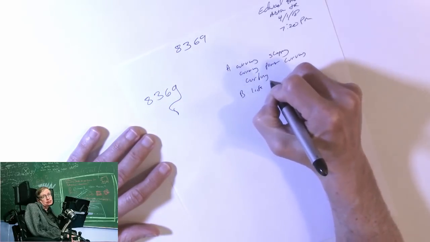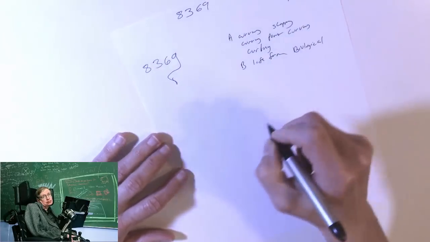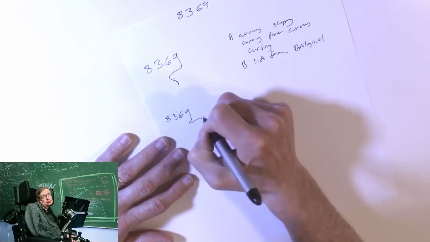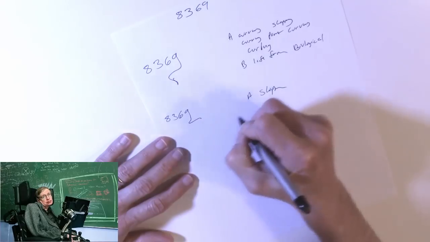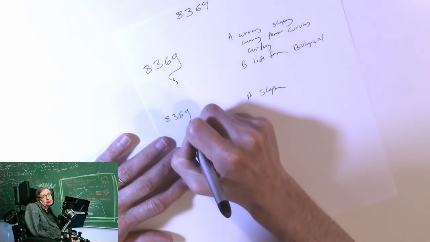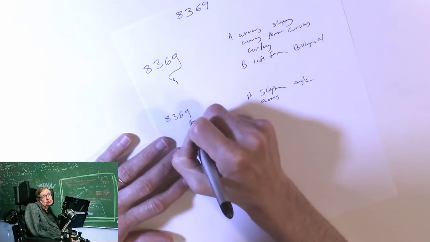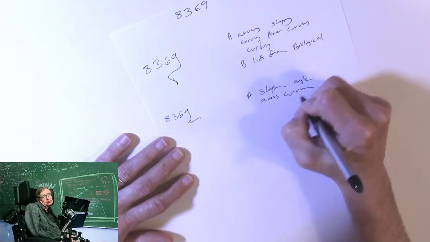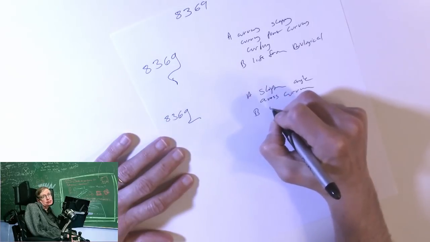B. Life form. Biological. 8, 3, 6, 9. A. Sloping. Angle. Cross. Curving. Energetic.